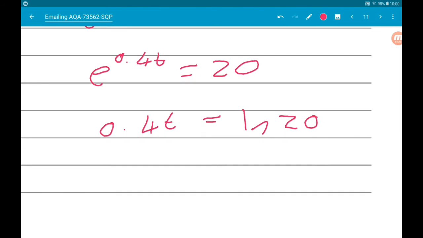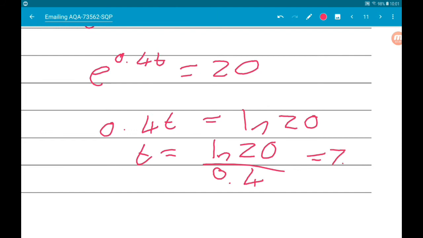So t is equal to log 20 over 0.4, which gives us 7.49366. So they are equal to each other then, almost 7.5 years after the 1st of January 2016.